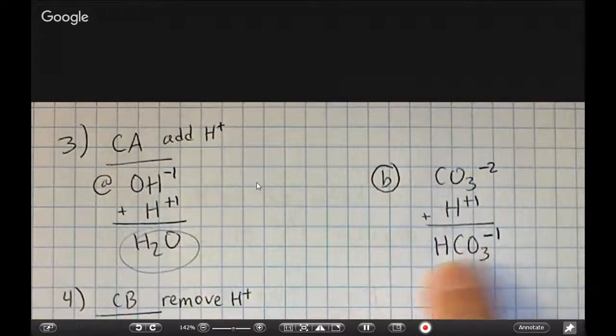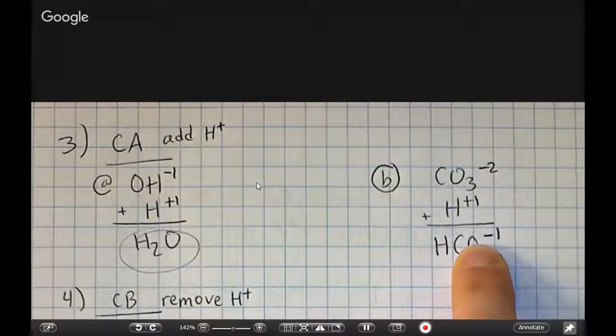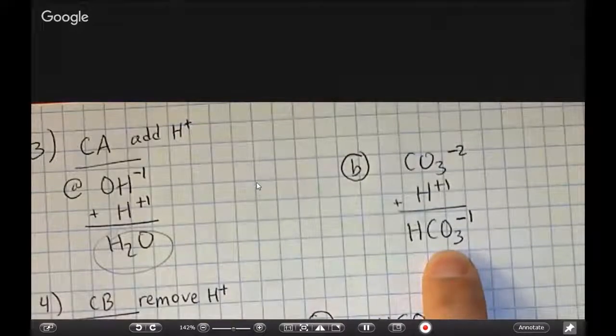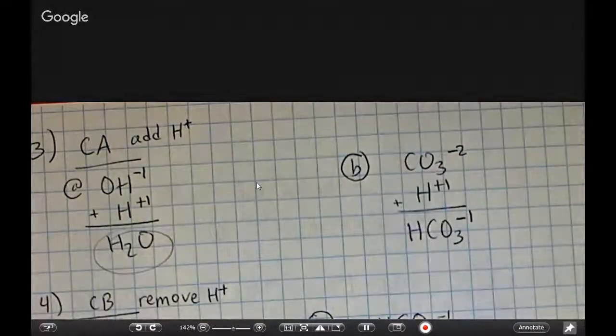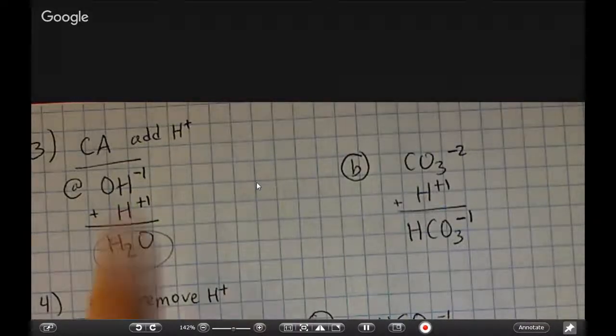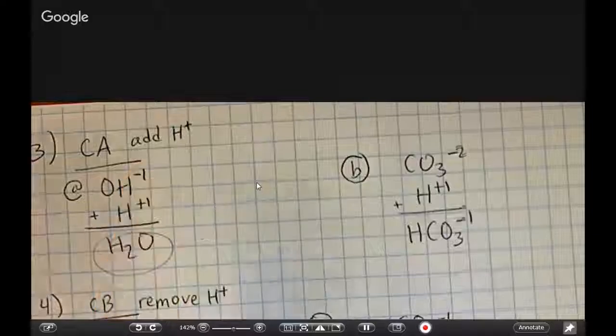Well, there's no H to begin with, so now it's HCO3, and then the charge is -2 + 1, which is -1. So that's the new formula. That would be the conjugate acid. I can't think of another way to explain conjugate acid and conjugate base other than just go by the definition. For the conjugate acid, the base accepts a proton, so we add a proton to the formula.